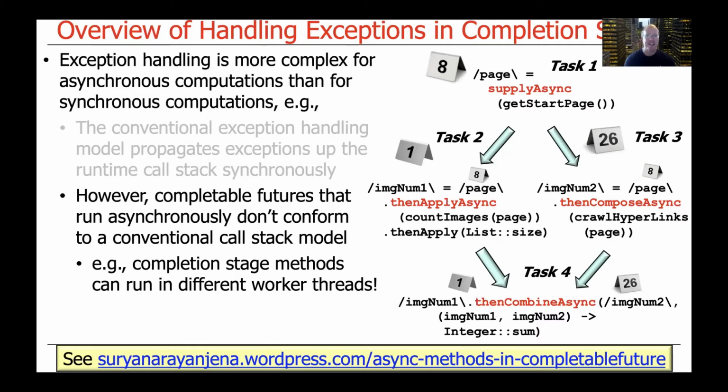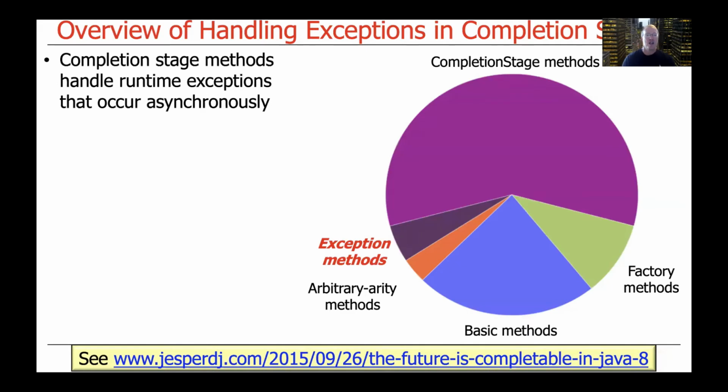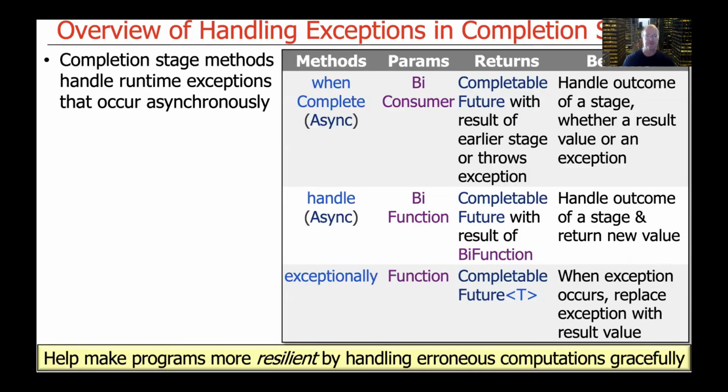So returning the exception to the original calling thread isn't going to be very useful, because that's the whole point of asynchrony: not to wait around for results to finish synchronously. Therefore, we have these completion stage methods that handle runtime exceptions that can occur in an asynchronous way.